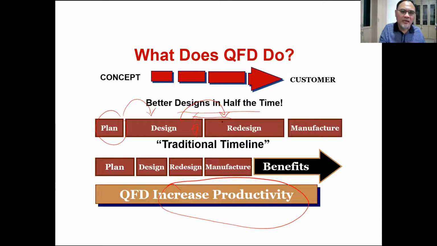In the car manufacturing industry, it used to be there would be pre-production, P1 production, P2 production, before you actually launch the mass production. I believe in all other similar development processes, there will be stage release to the next stage. So basically, QFD will reduce the traditional timeline, and you will be able to solve problems much earlier in the process.